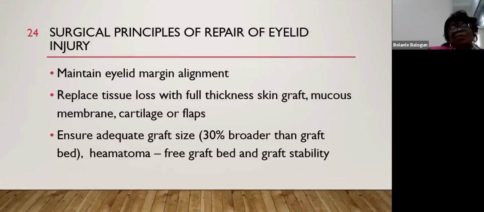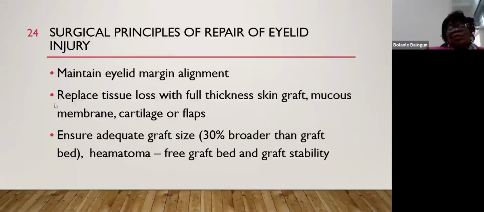Very important, because the eyelid margin is what shows our work later on. If we do not appose properly, that patient is going to have notching, is going to have some kind of distortion. Even the wound will break down, and your patient won't be happy if you have to repeatedly go to theater just to fix the eyelid.